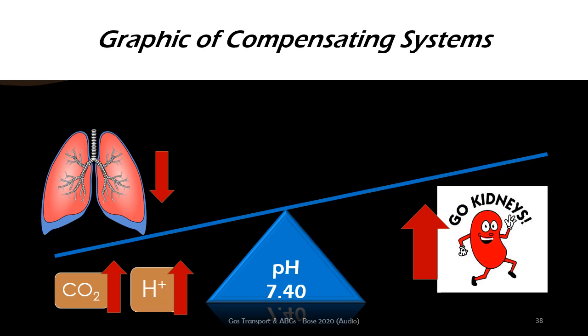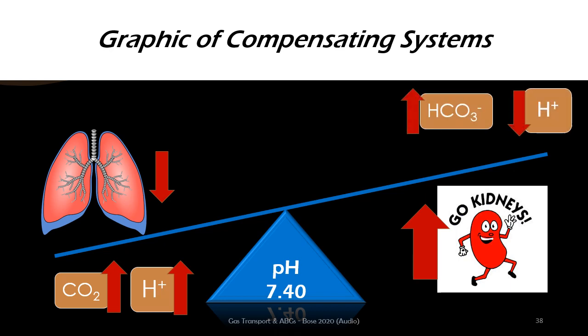It will either retain bicarbonate or manufacture more bicarbonate to raise the base buffer in the blood, which will then absorb the hydrogen ion acid and return the body to neutral pH. Additionally, the kidneys will also excrete hydrogen ion in the urine, thereby reducing the acid load. This scenario would be seen in respiratory disorders where the lung is the culprit.